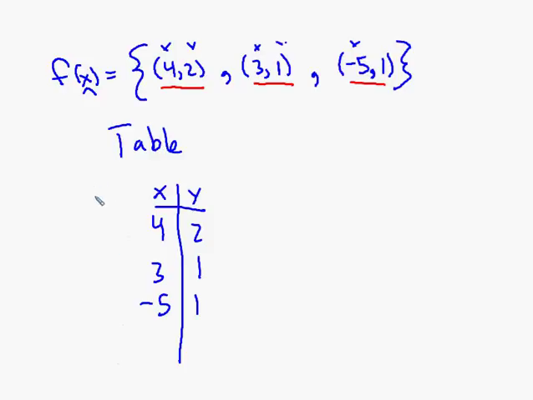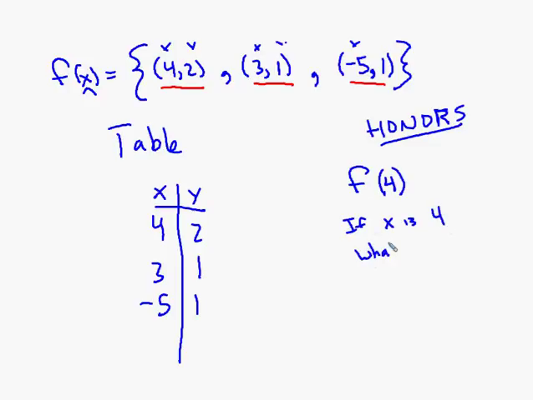Now this is mainly for honors, but I want you all to see it. What if I wrote f of 4? That means I'm asking, well, if x is 4, what's y? Well, I look at my table. If x is 4, what's y? 2.